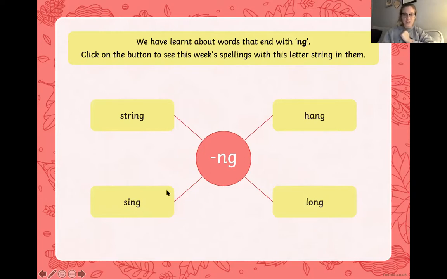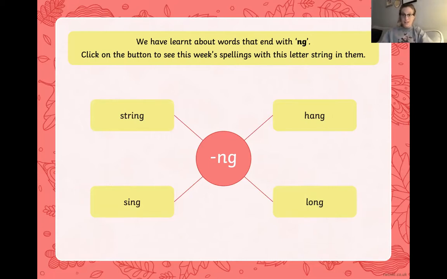Very nice, nice and clear. Hang. Your turn. Fantastic. How about you have a go at doing this one first, and then it will be my turn. So your turn. Long. Fantastic.